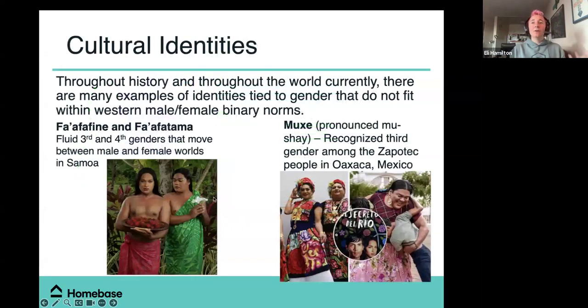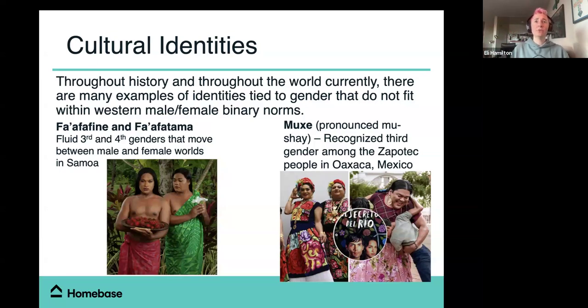And then cultural identities. I gestured at this earlier, but there are so many specific cultures in the world, historically and currently, who never had a totally binary understanding of gender identity and/or sex assigned at birth, physiological sex. That binary understanding is very prevalent in European traditions and some other traditions in the world.